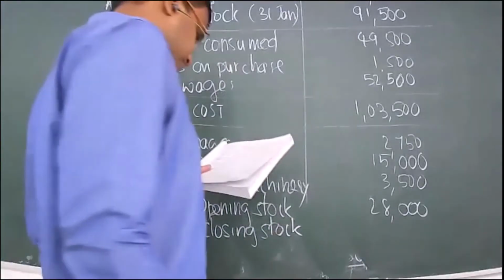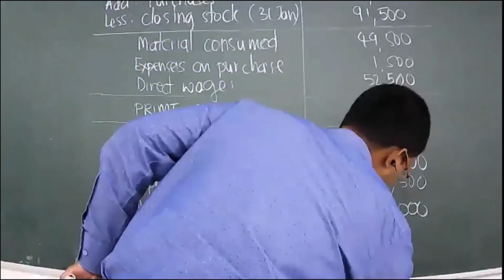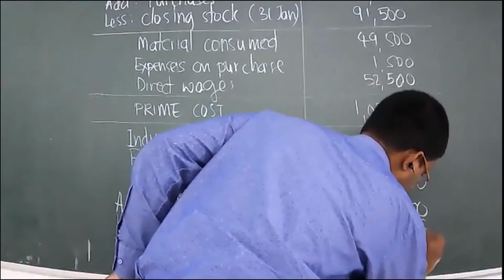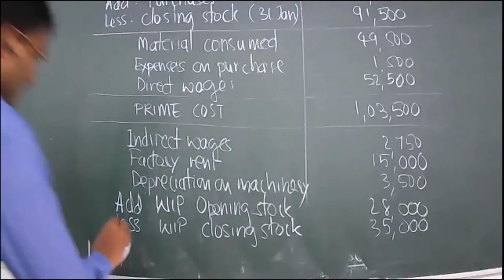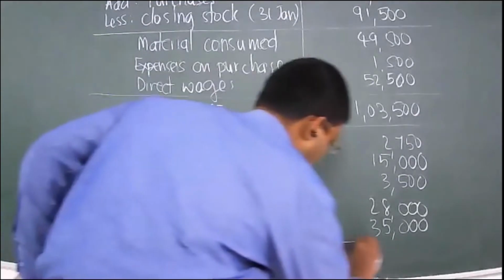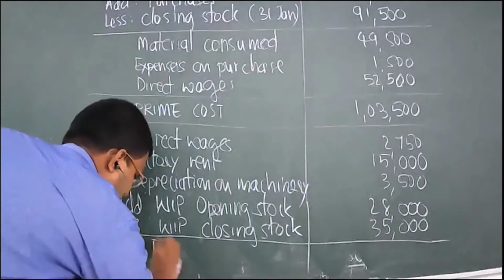Closing stock of work in progress is 35,000. The resulting value that you get as a result of this is called factory cost.